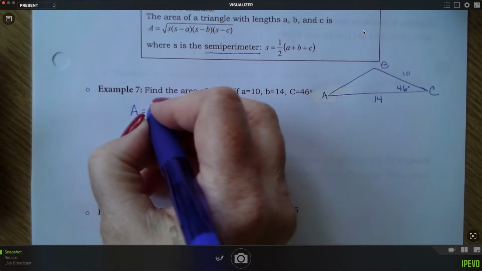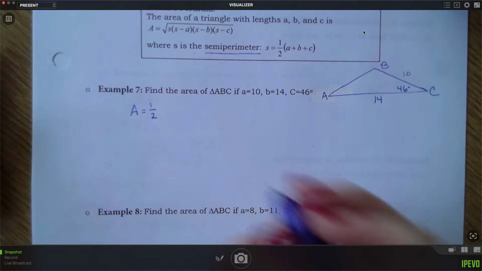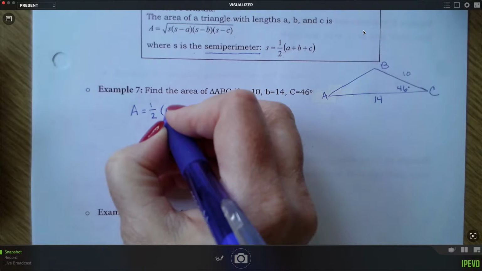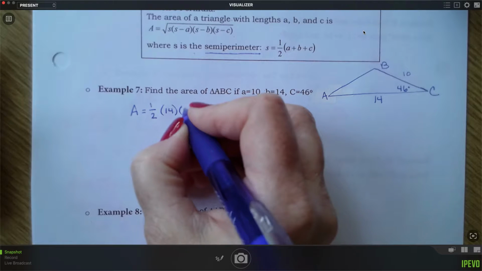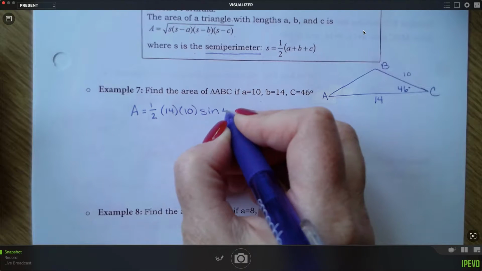Okay, so 1/2. Where does the 1/2 come from? The half of the base times height. Then I have my two sides, right, and the sine of 46.